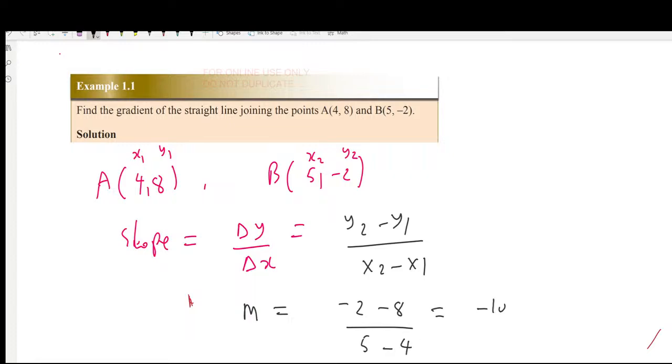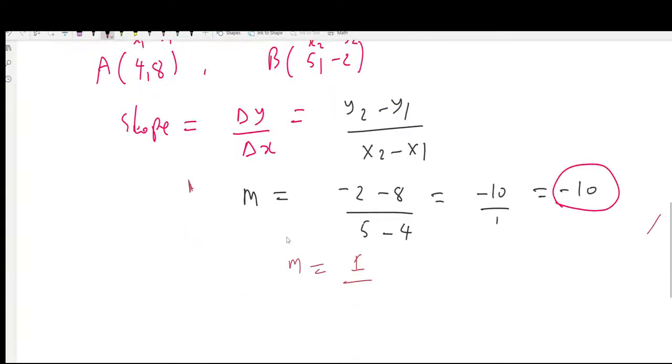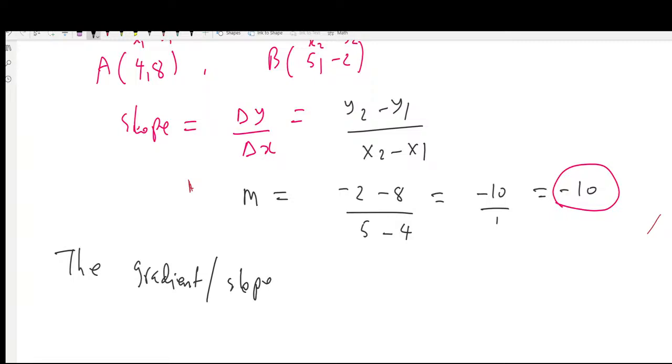So you have -10 over 1. So the slope is going to be -10. So we can conclude that the gradient or the slope is -10, dear students.